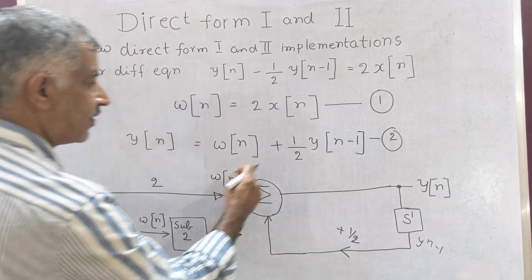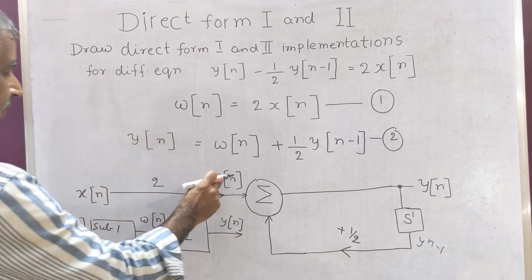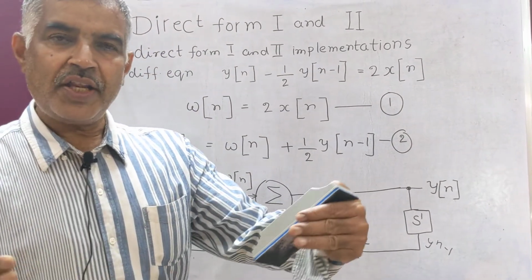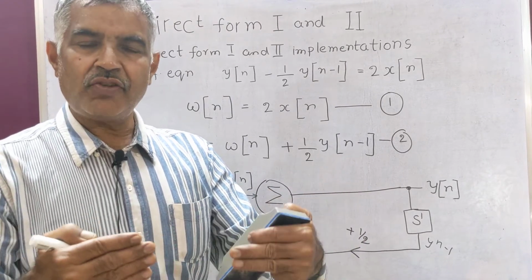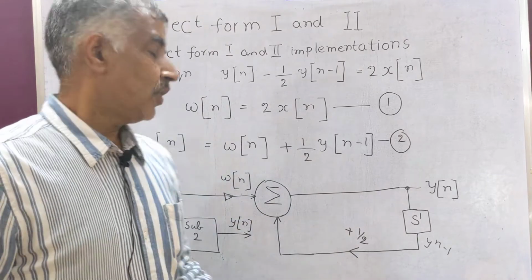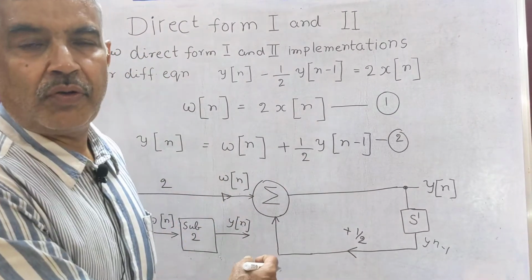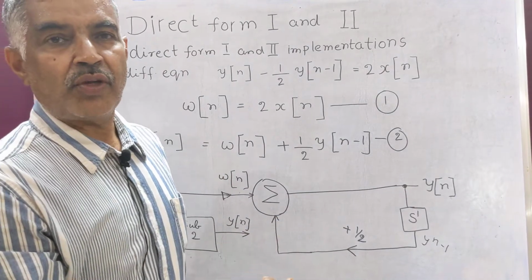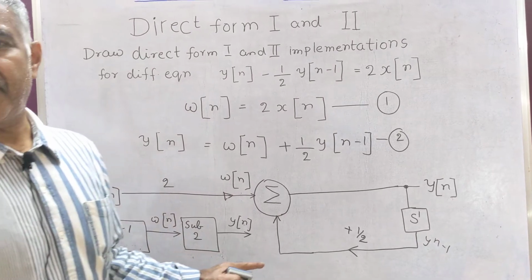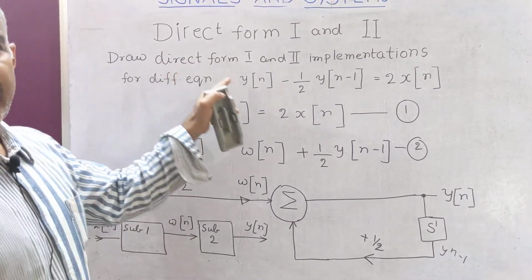So subsystem 1 and subsystem 2 are in the form of a chain connection, which is called a cascade connection. The output of one is given as the input of the other. That is what is known as chain connection, and this is the system. This is how we implement what is called direct form 1.